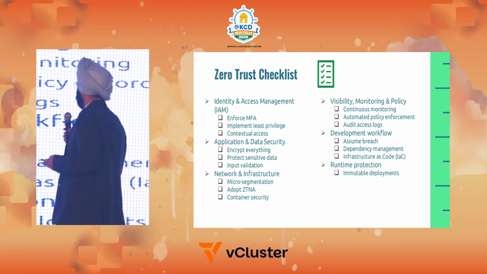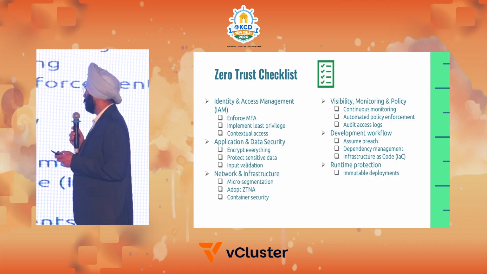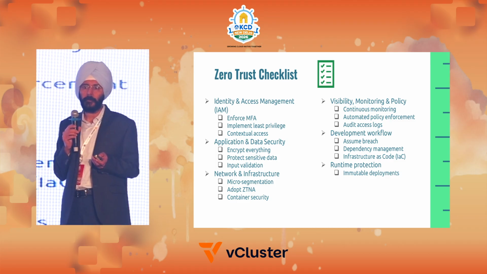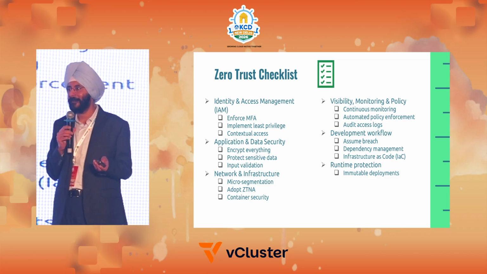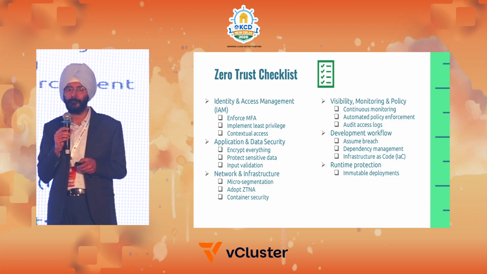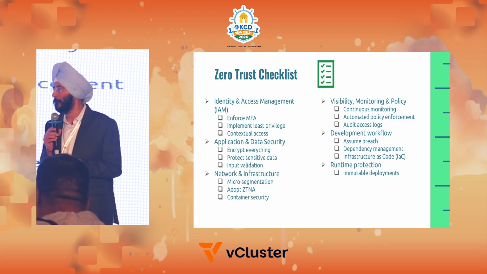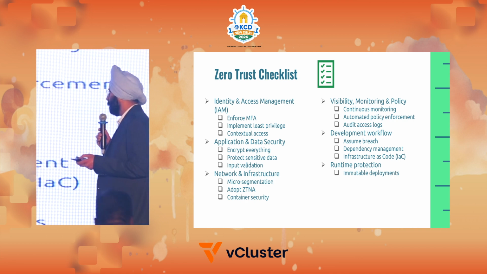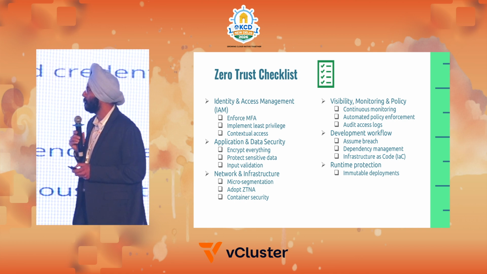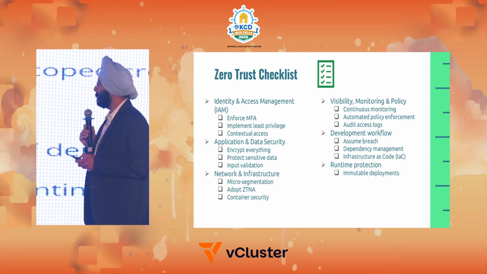And for monitoring, it is not that important to monitor everything extensively, but what is most important is to have it done continuously, along with a proper development workflow like dependency management and runtime protection. So I think I'll end.